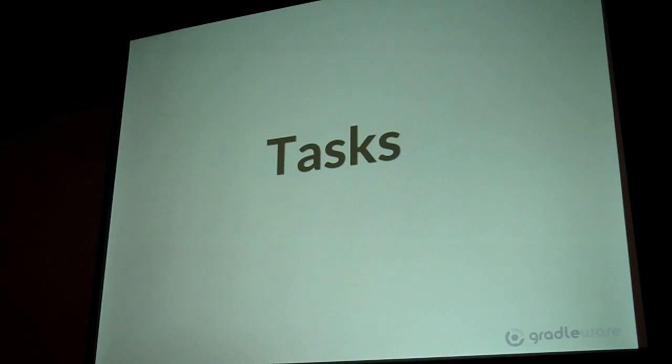So there's a lower task level and a higher plugin layer in Gradle. We'll start with the lower layer, which is the task layer, because that's what eventually does the heavy lifting, the tasks. So that's what we have a look at first.